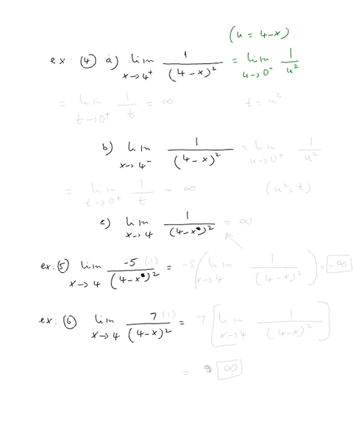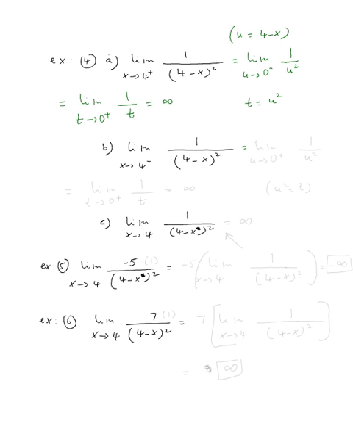Now I'm going to do another substitution. This is the limit of 1 over t. This time I'm going to let t be equal to u squared. So as u approaches 0 minus, t, which is u squared, is going to approach 0 positive, because when you square a number, it becomes positive. And this becomes positive infinity.